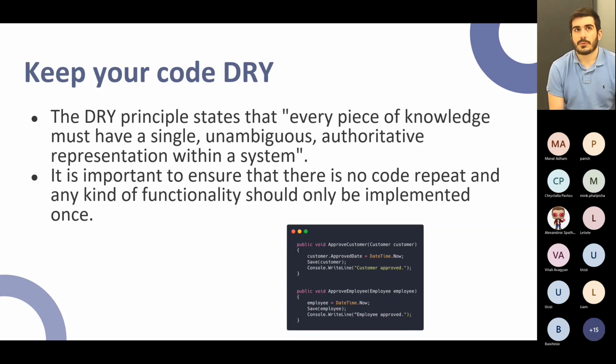So every piece of code, let's say a function or functionality within a system, should only be implemented once and not exist in many different points within the same code base, as that can lead to the same kind of bug appearing at different points of the code.